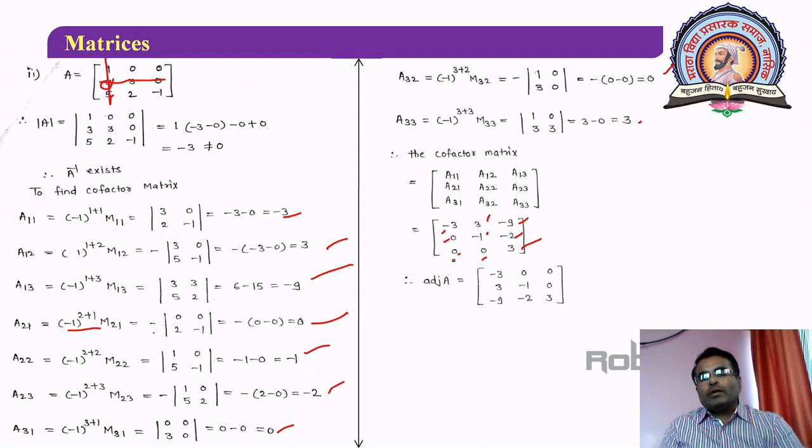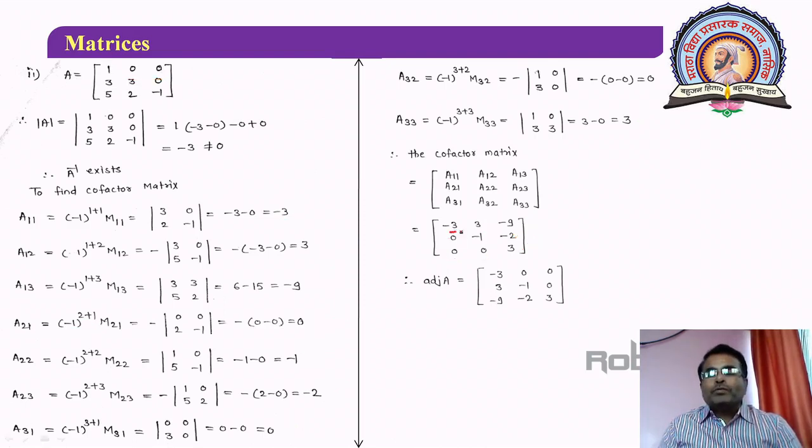Once you consider the cofactor matrix, adjoint is obtained by taking its transpose. So the first row appears as the first column, the second row appears as the second column, the third row appears as the third column. Now once you get this, then you have to consider the determinant for the inverse. We have seen that the determinant was minus 3.